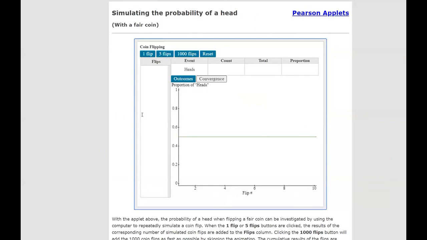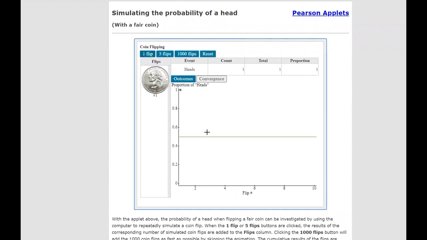This is an online simulator for flipping a coin, and the event is head. So your event is having a head. What are we going to do? We're going to flip the coin once. One flip. So let's do that.